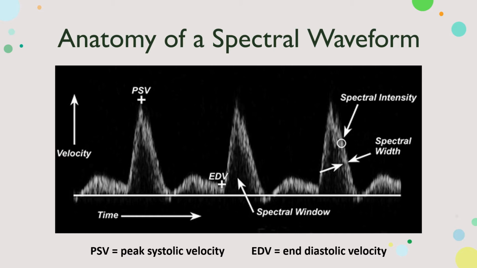That means that the red blood cells are moving pretty uniformly together at a velocity. There's not a lot of variation. It's a pretty clean looking signal, and that means there's not much turbulence. Turbulence would mean that there are a variety of velocities within the vessel itself, but when it's a pretty clear envelope, and a pretty dark spectral window underneath there, that's a very clean waveform.